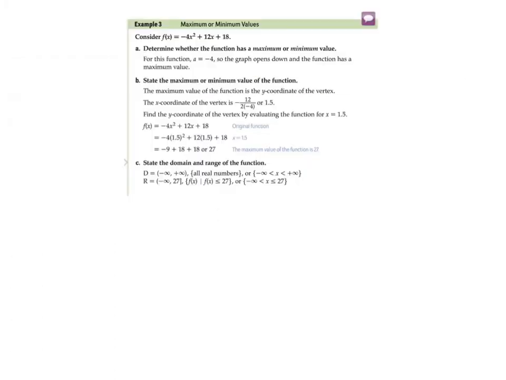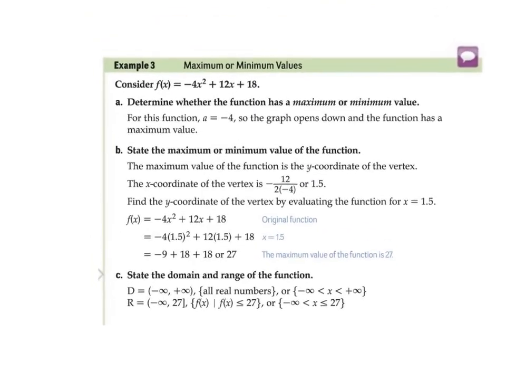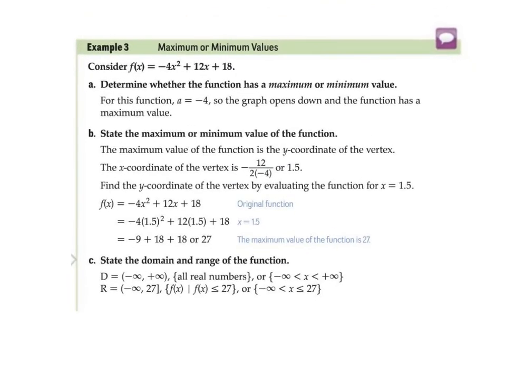So here's an example. You're given negative 4x squared plus 12x plus 18. Because the leading coefficient is negative 4, you know that it's going to be a vertical flip of the original parent function, which means it's going to be an upside down graph. So we know that this graph will have a maximum value.